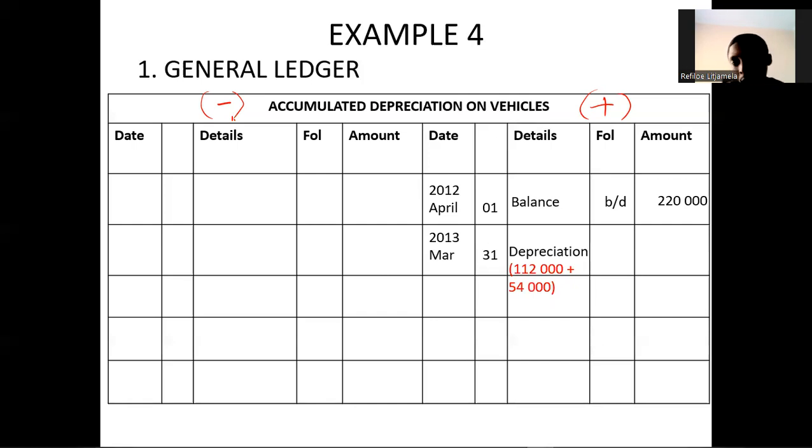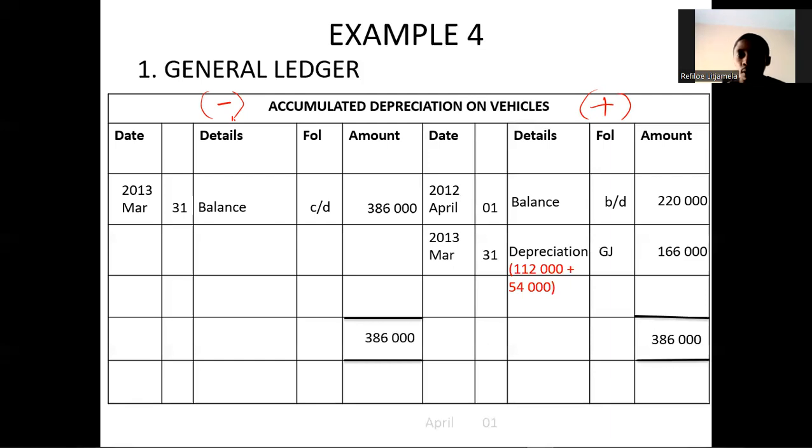So you add them up and you write the total, which is 166,000. Therefore, our accumulated depreciation has gone up. We didn't sell any asset, therefore we just are going to have our balance carried down of 386,000, which reflects the total usage of this asset. So from the following financial year, the total usage of all the vehicles will be 386,000.